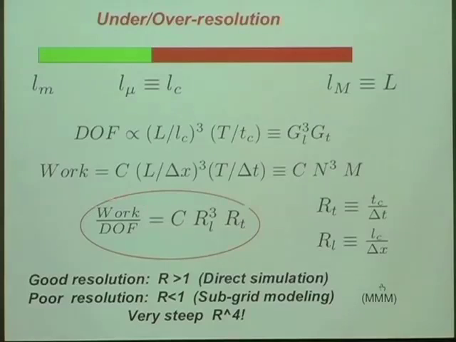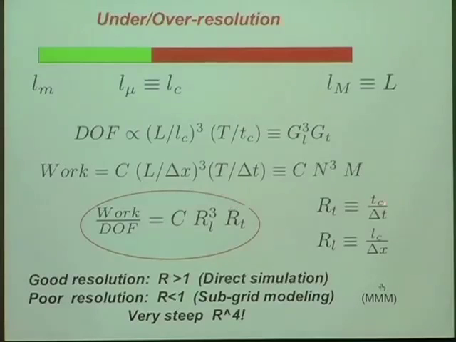So the amount of work which you do per physical degree of freedom, which is the relevant figure of merit you have to keep in mind, is the cost, which is a prefactor. It can change a lot from method to method, but it is a prefactor, times these two ratios, which I call resolution in time and resolution in space.